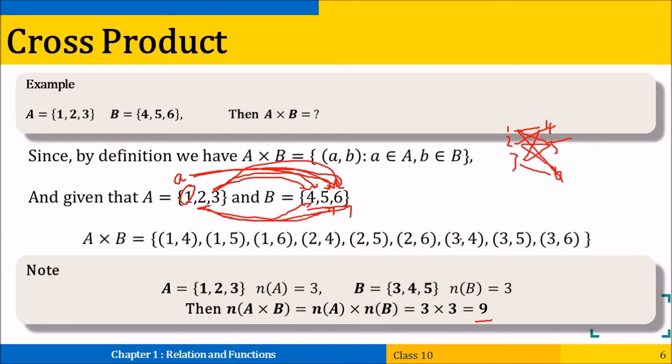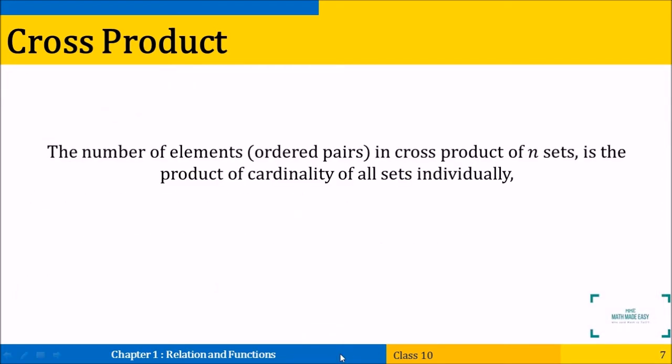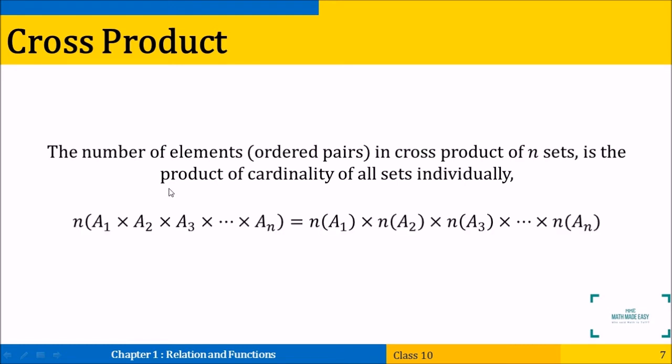So n(A cross B) equals n(A) times n(B). Can you extend it up to n sets? Yes, of course. The number of elements in the cross product containing n sets will be equal to the product of the cardinalities of the sets individually.